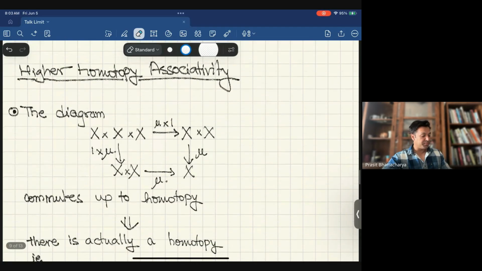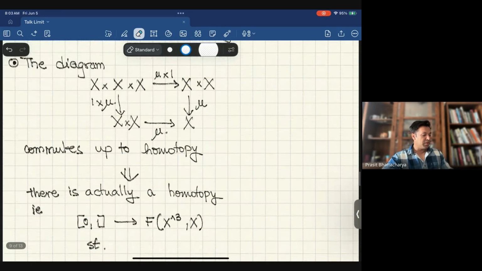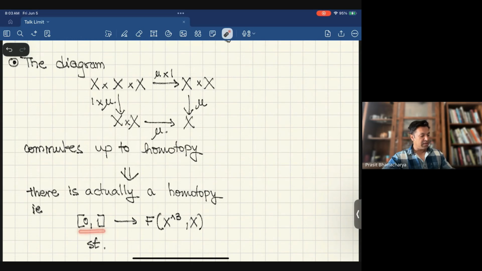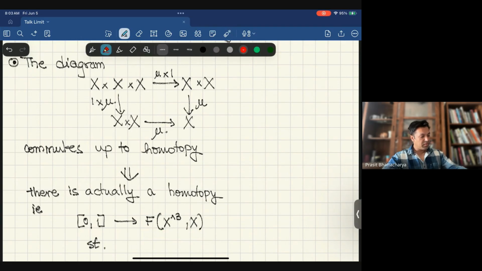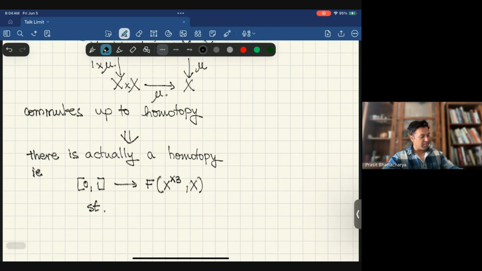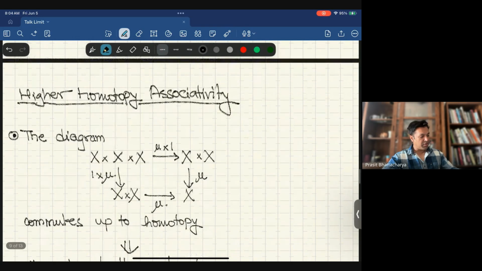So I'm going to think of this homotopy as a path in the function space from the threefold Cartesian product of X to X. At 0, I'm going to call the multiplication the twofold multiplication, and I'm going to mark it by mu2.